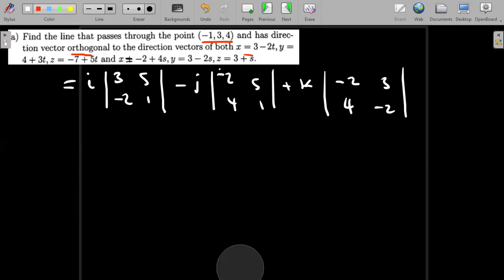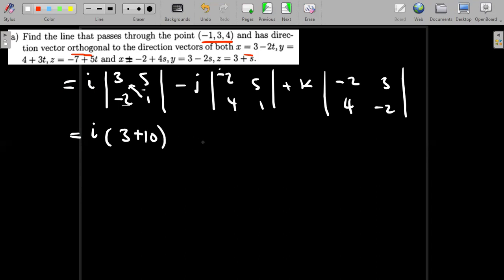Now I must calculate what I have here. For i, we multiply along the major diagonal, that is 3 times 1, then we multiply the minor diagonal and subtract. Multiplying -2 by 5, we get -10, then we're saying minus that, so the negative sign changes to positive, and that will be 10.